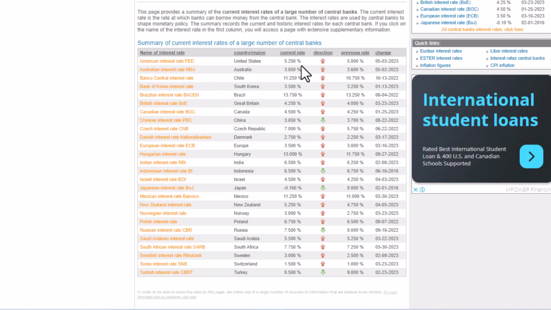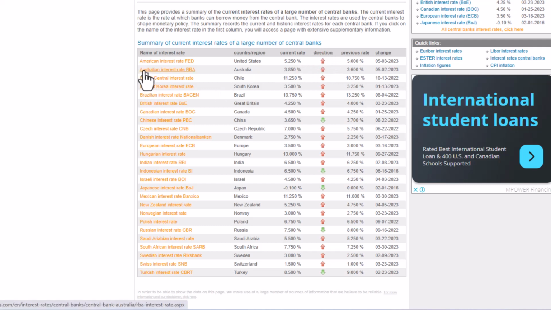The previous interest rate was 5 percent, but this time it's 5.25, and you see it has increased. This is why USD is bullish. As you can see, you have an arrow that shows it's going up, in this direction, showing that it is going higher.